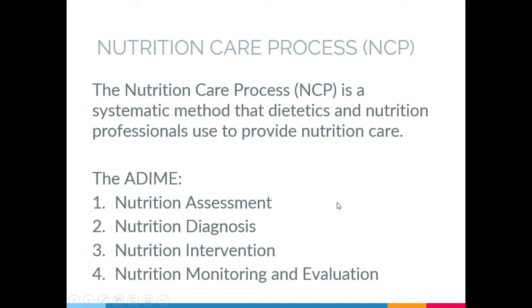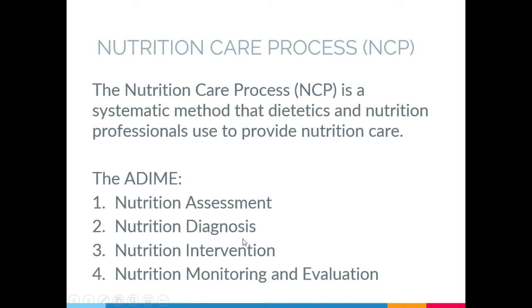These are also called the four steps of NCP. It is a step because it is systematic, meaning a step by step procedure. So one should definitely come before the other. And the first thing to do is assessment. Because again, where would we base our diagnosis if we did not do an assessment? Okay? So that's why assessment comes first.